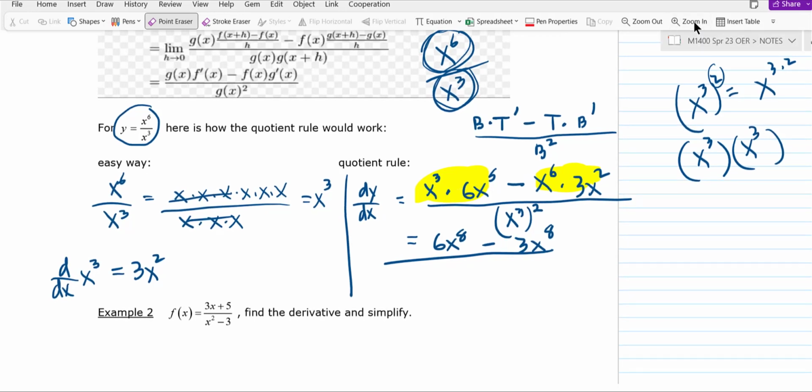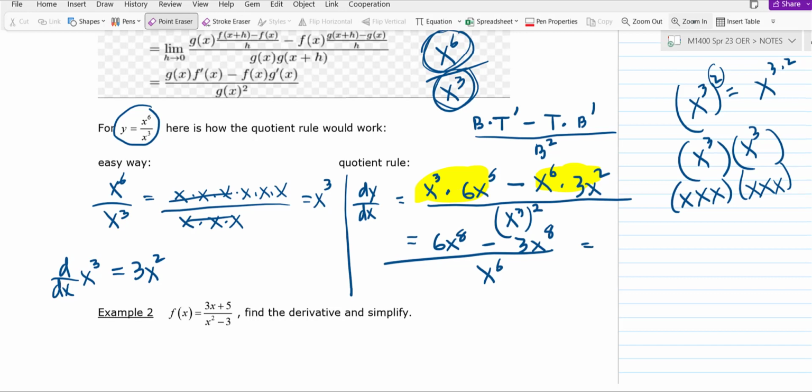And by the way, that's what multiplication is. If you have two groups of 3, you're multiplying. So it really just means xxx times xxx. So that's the meaning of x to the 3rd to the 2nd. It's helpful if you understand the meaning behind the math instead of just blindly learning the rules. That's what happens to so many students in algebra. That's why you forget it so much. So this part is going to be x to the 6th. Now the numerator, these are like terms.